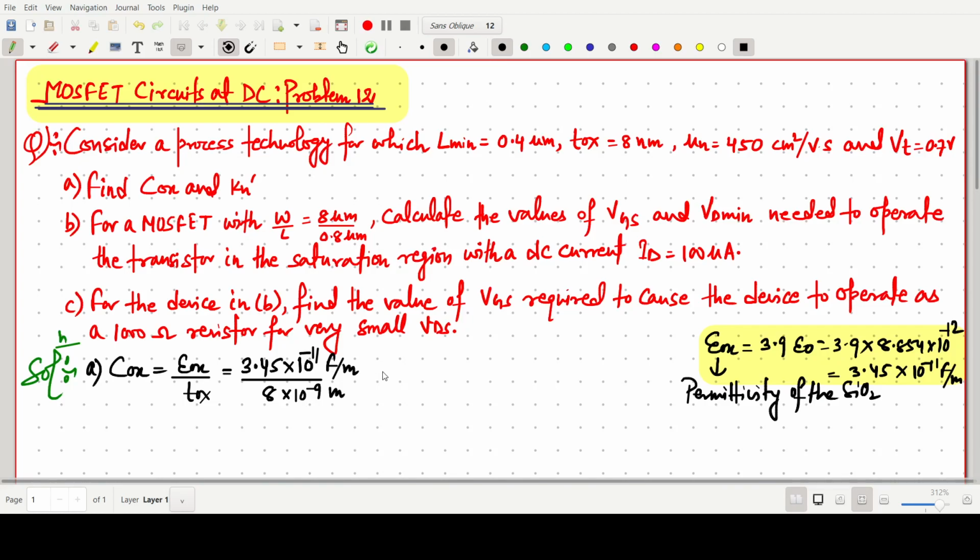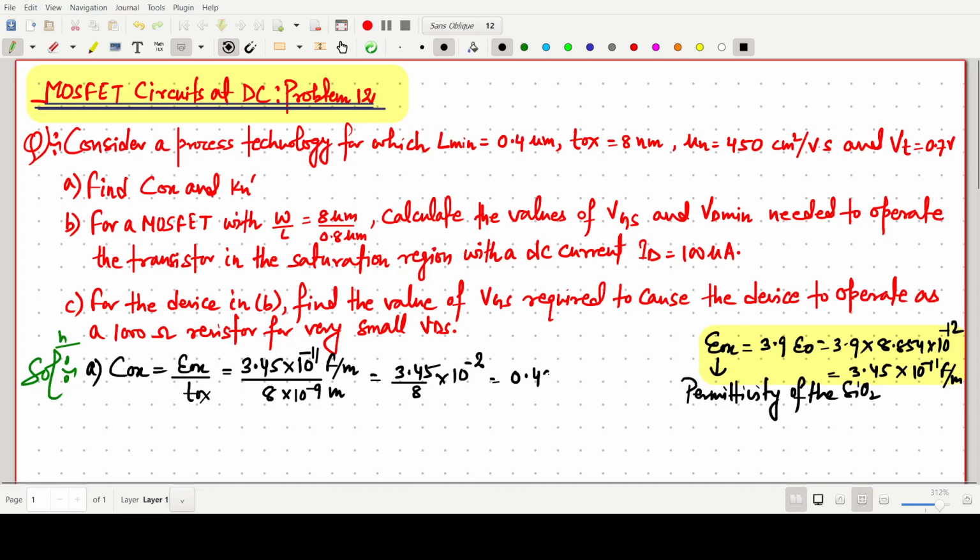Now, dividing by 10 to the power minus 9, if we solve this, it is 3.45 divided by 8 into 10 to the power minus 2. Solving 3.45 divided by 8, it comes to nearly 0.43125 into 10 to the power minus 2.